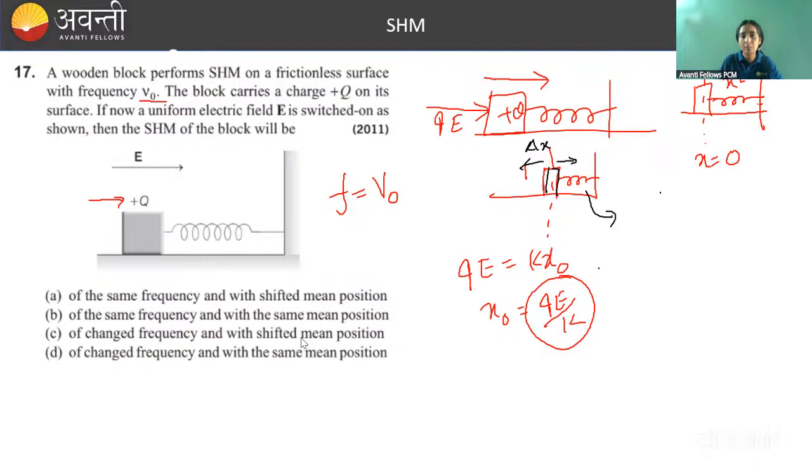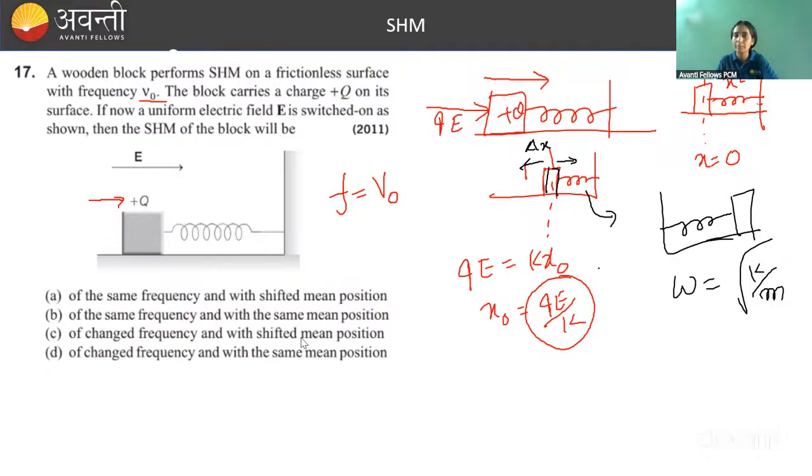That is, this is also a simple spring block system SHM, where omega will be equal to root under K by M. No difference is going to come. Because when you are displacing the mass from the equilibrium position, is the electric force changing? No. That is a constant thing, so whatever is constant will have no role in omega.